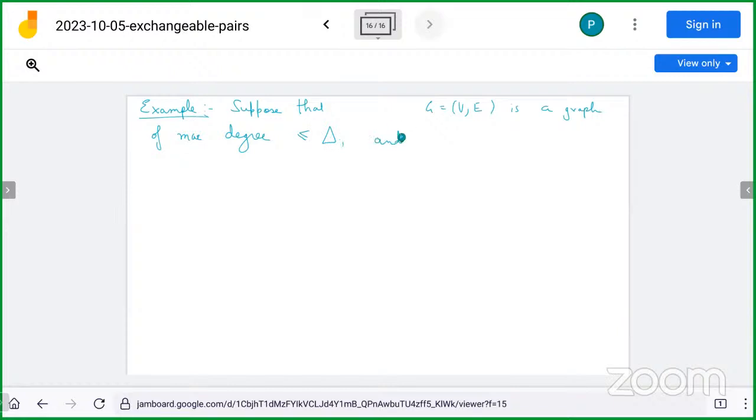Consider the following distribution on independent sets. Independent sets are also called stable sets of G. These are sets of vertices so that no two of them are adjacent.